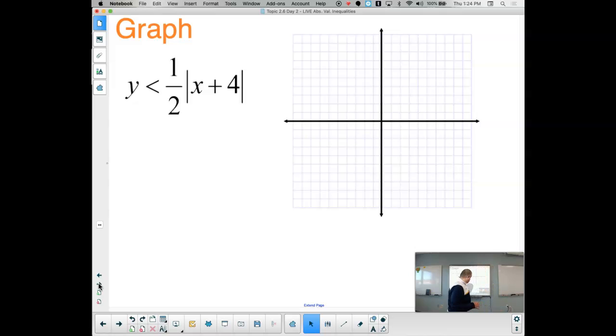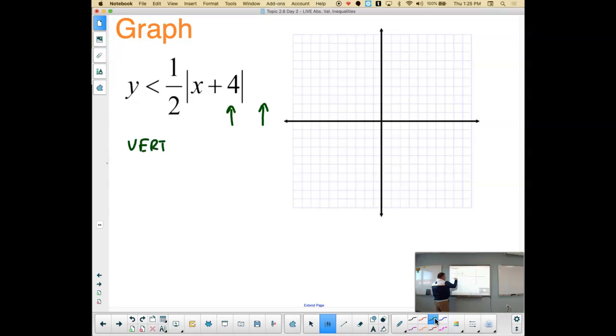All right, let's do this. Those two numbers there give me my vertex, which is at -4, 0, because we got to think oppositely, because the 4 is inside the absolute value.